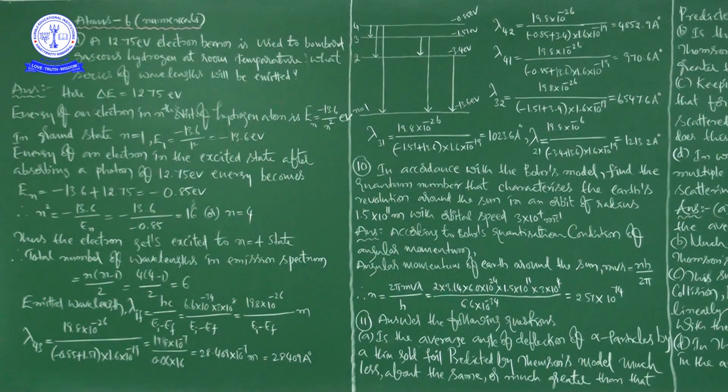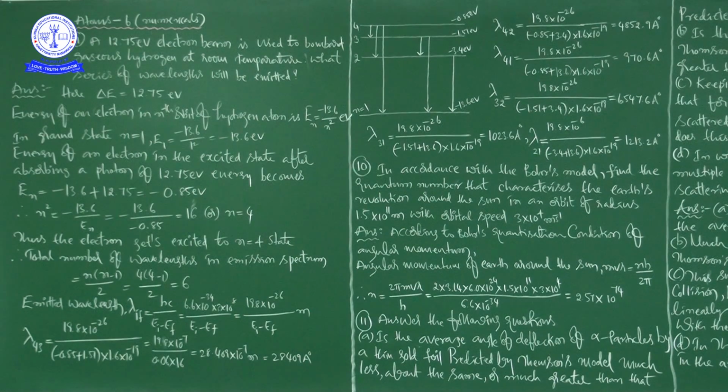So what is the energy of an electron in the excited state after absorbing this much energy in the form of a photon? En is equal to minus 13.6 plus 12.75.